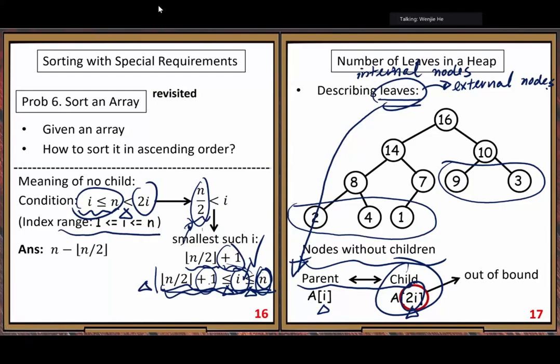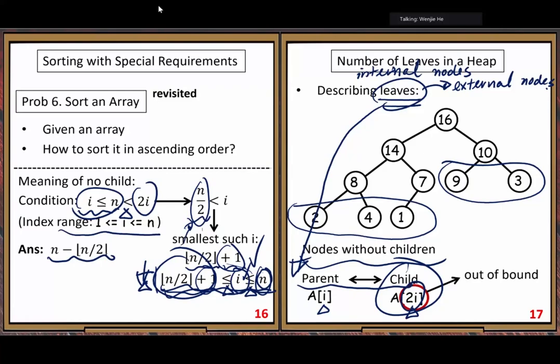If you use upper bound minus lower bound, then this lower bound number is not included, because you take it away after the subtraction. We don't want to take it away. We want to include it. So that's why you subtract the number right before this lower bound. Then you do not exclude any integer in this range. So this is the formula, n minus floor function of n over 2, the number of leaves.